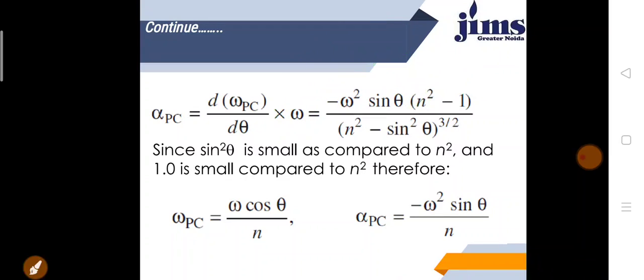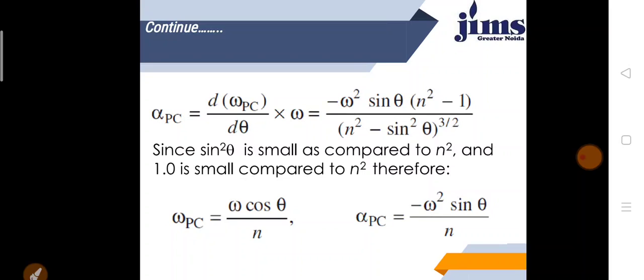So finally we get alpha PC equals minus omega square multiplied by sin theta (n square minus 1) upon (n square minus sin square theta) whole power 3 by 2, where n is the L by R ratio, omega is the angular velocity, and theta is the crank angle.